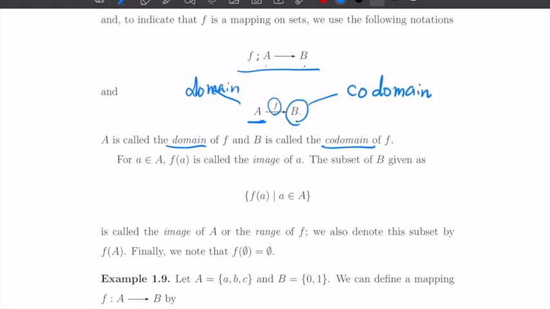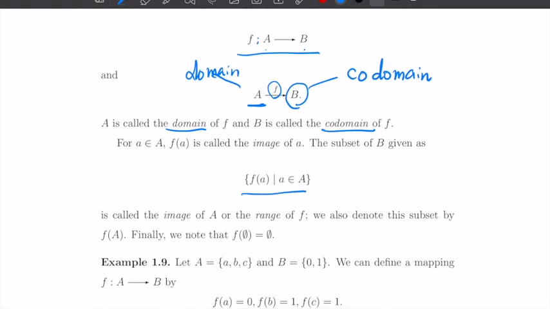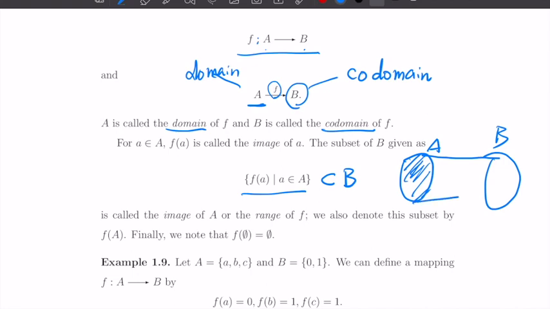Okay, and this set, which is a subset of B, defined by, let's say, so the entire A is mapped into a subset of B, right?